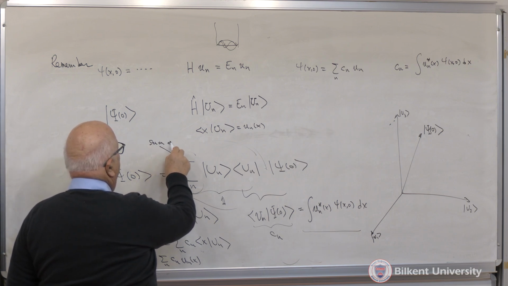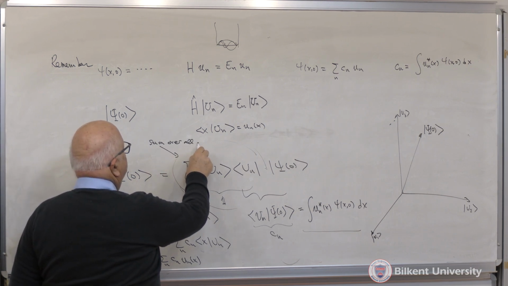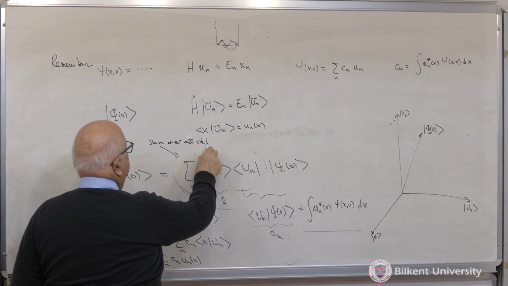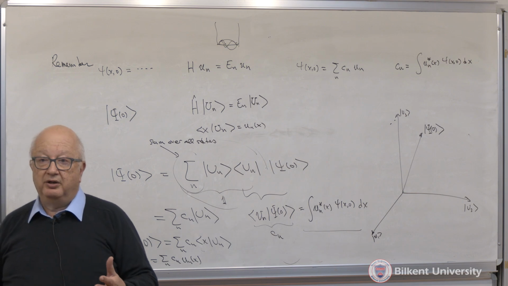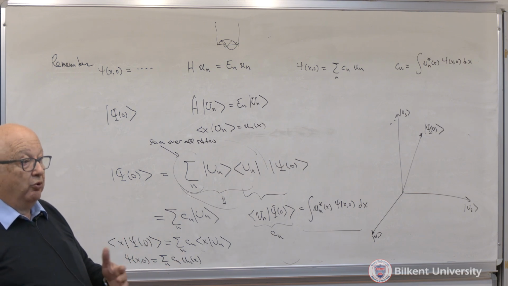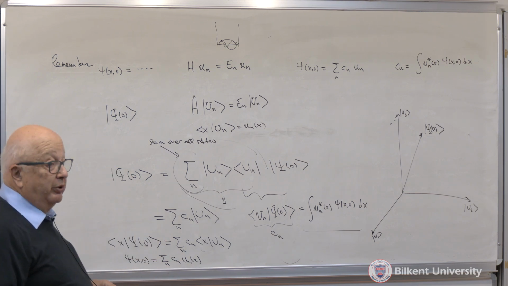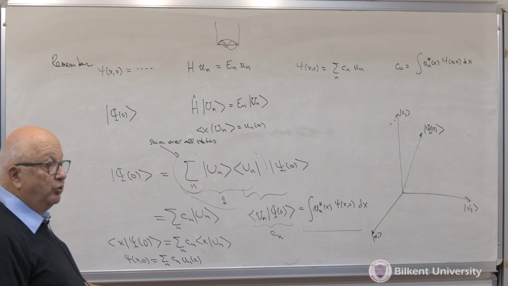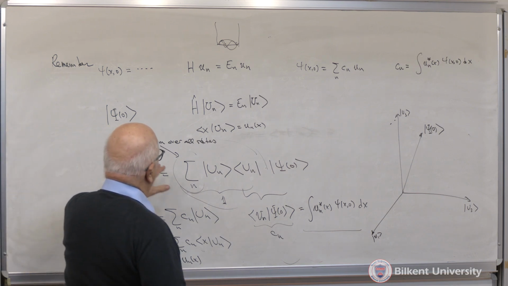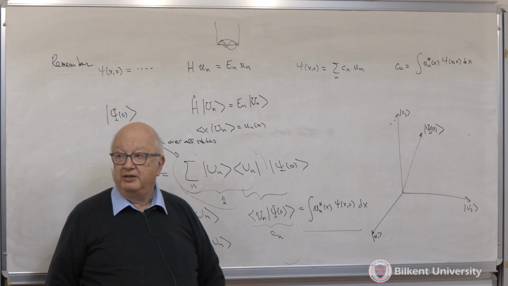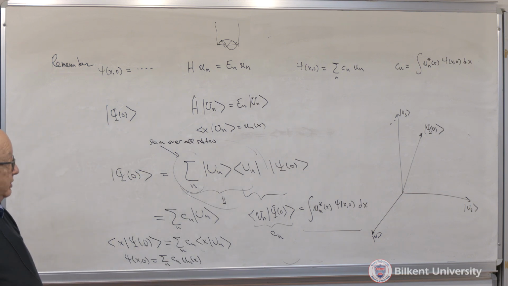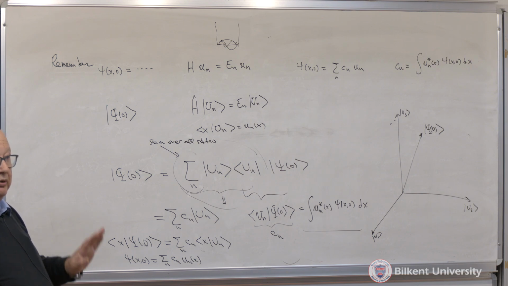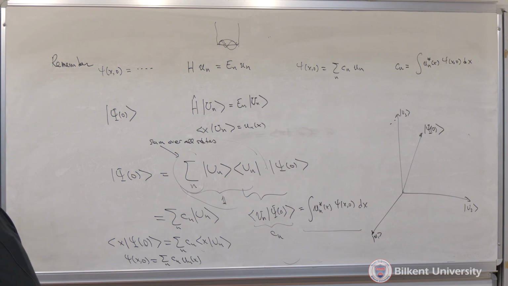It can be discrete, it can be an integral, depending on the type of variable you are using. But as long as you sum over complete sets of states, which are orthonormal and complete, you are okay.